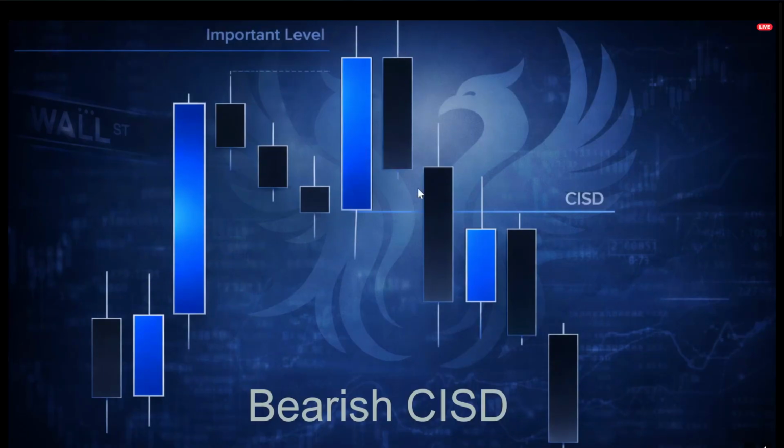You have two down close candles which close very well below the open of this candle right here. So this series of candles down creates your model flip. This is your change in state of delivery. And as you can see, price comes back up to try to test that change in state of delivery level, and it continues to sell.